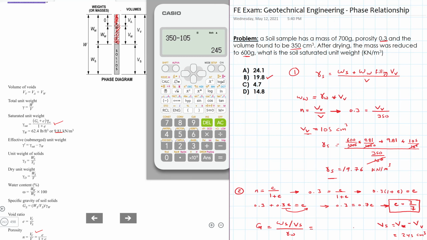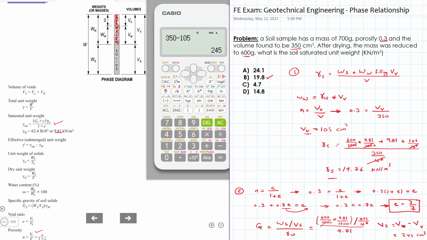And from that we have the weight of solids is 600 divided by 1000 multiplied by 9.81 by 1000, divided by the volume of solids, which is 245 divided by 10 to the power of 6, divided by 9.81.